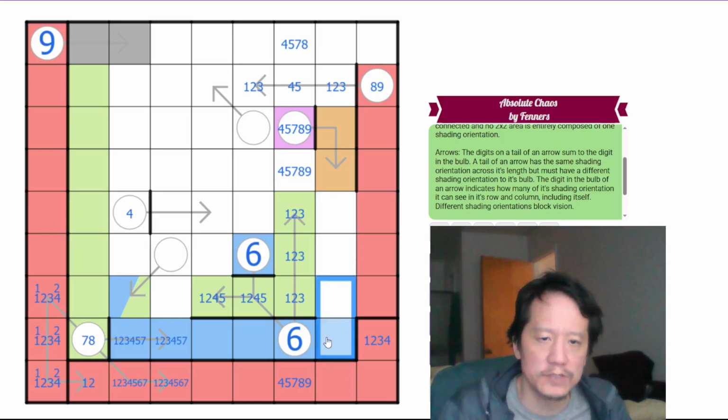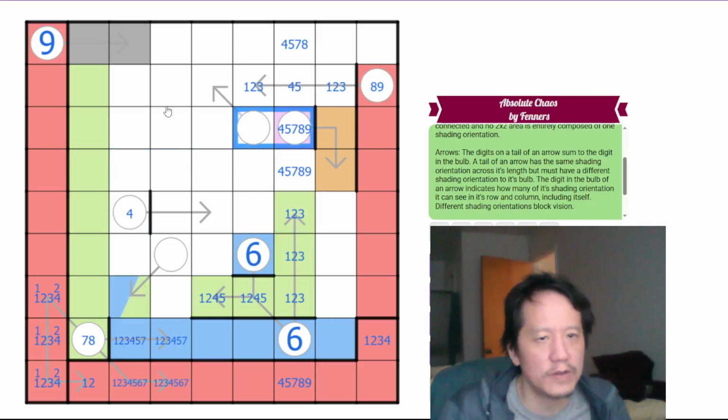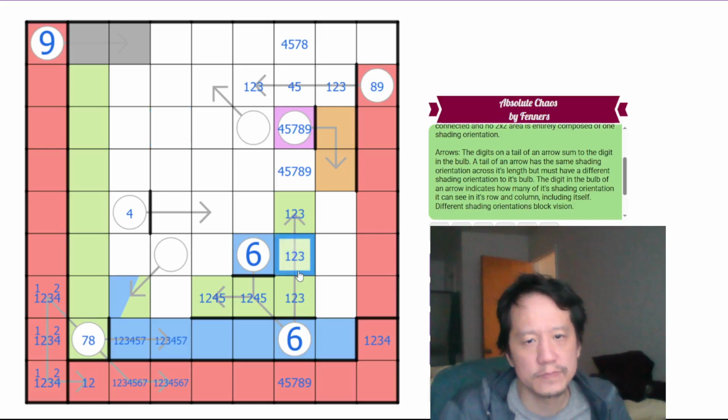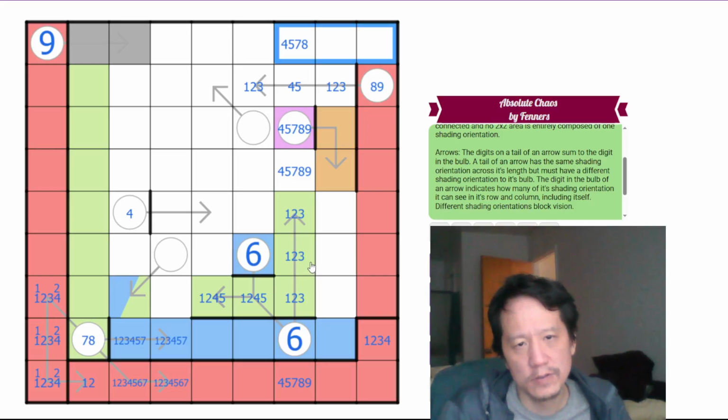If that's the case, blue has to go through this way. I guess it could be something like that, or it just goes all the way here, right?